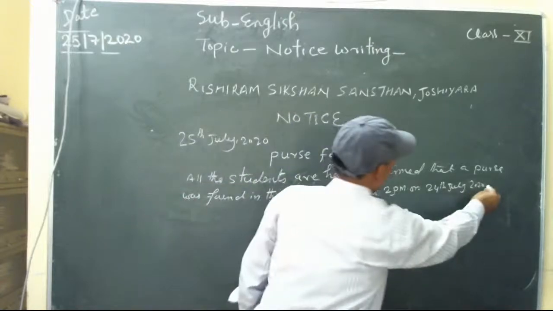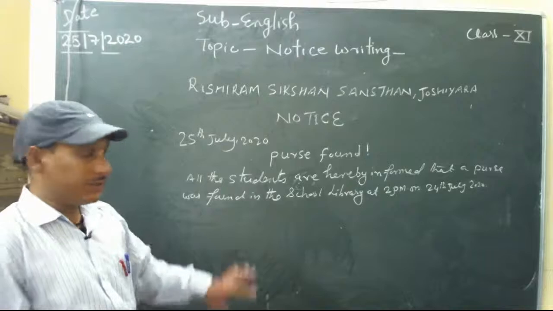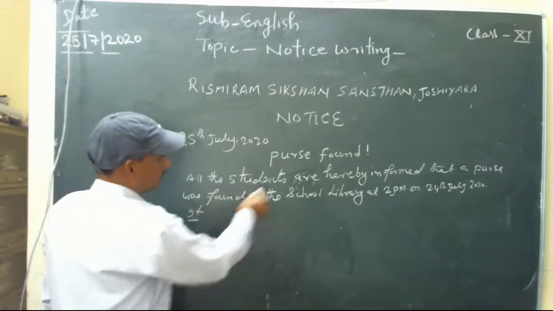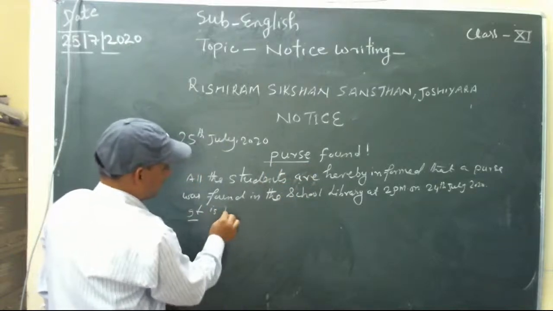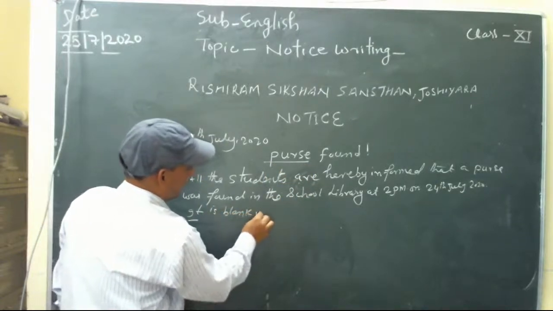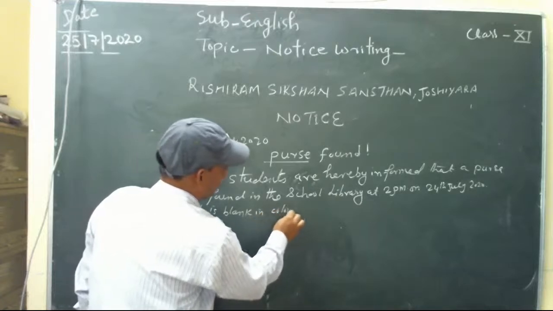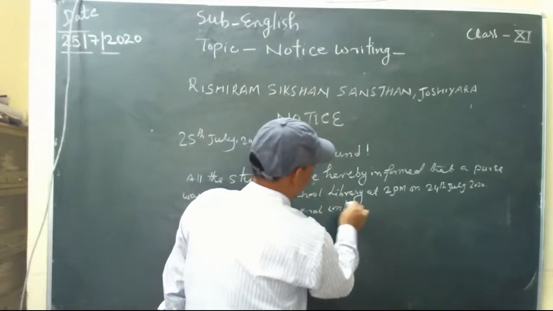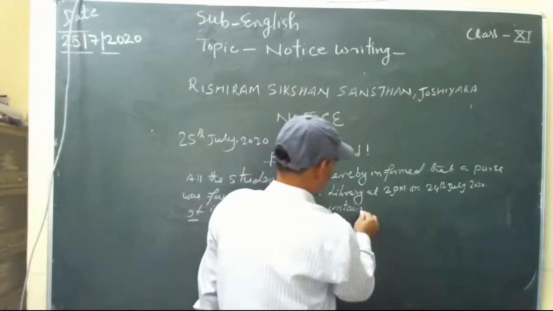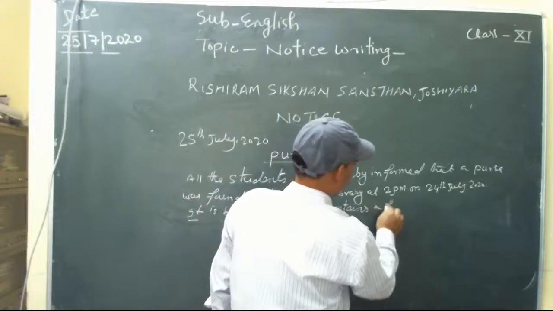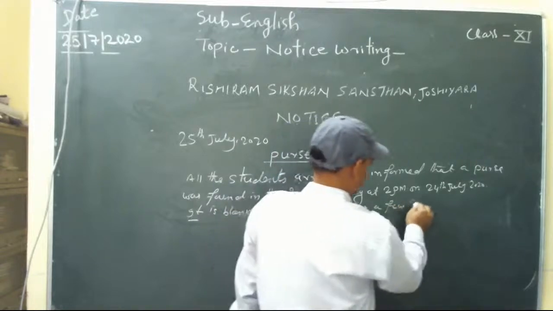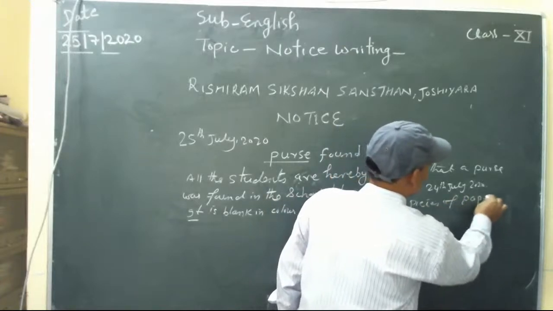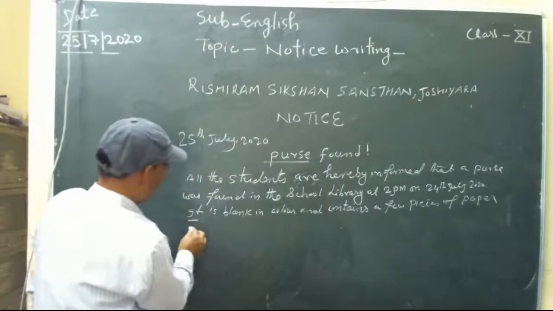Now again you can mention certain details or a description of the purse. It is black in color and contains a few pieces of paper having some knots on it.